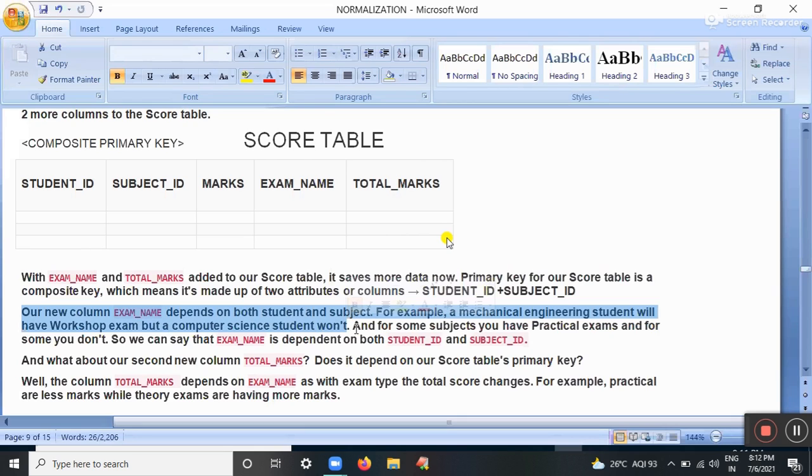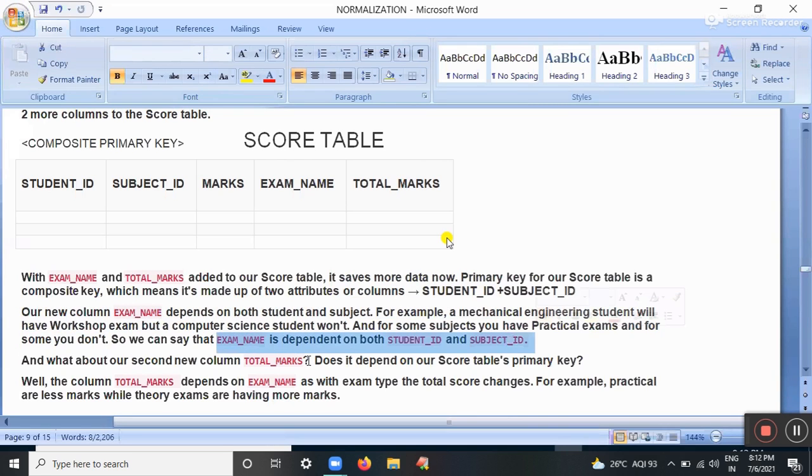Right. So now, the column total marks is depending on examination name, because as with exam type, your total score will be changed. As your exam type, that means type of examination, theory exam, practical, workshop, lab, so different, yes or no?